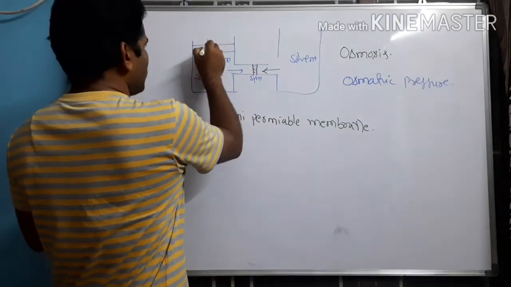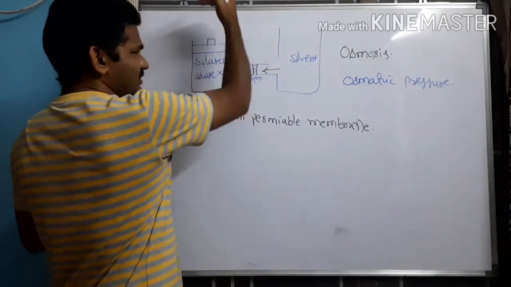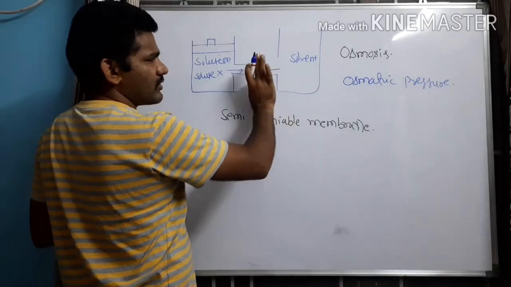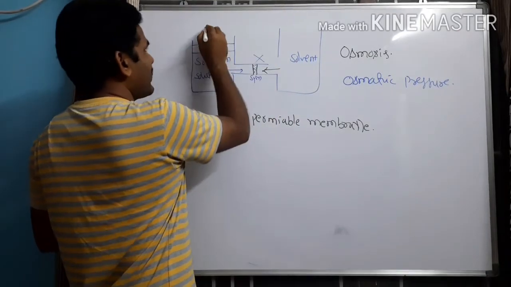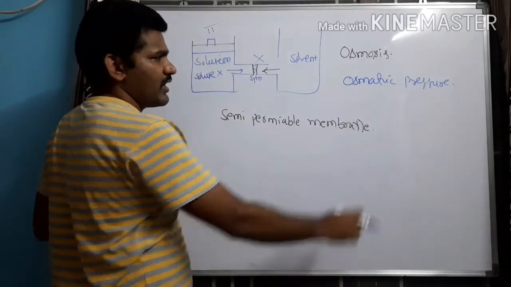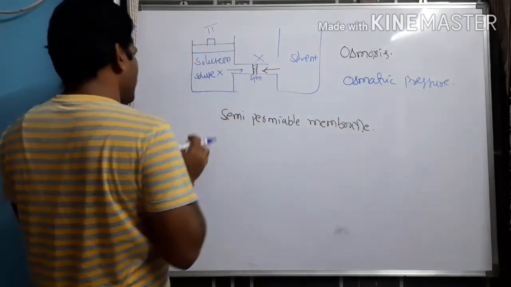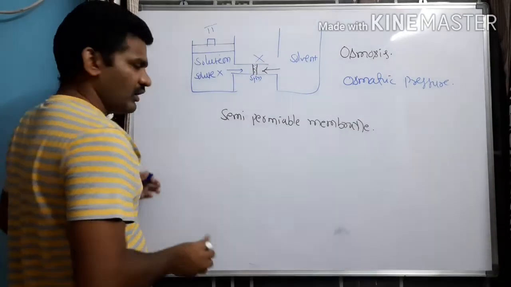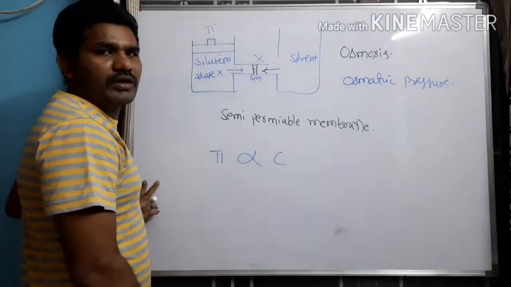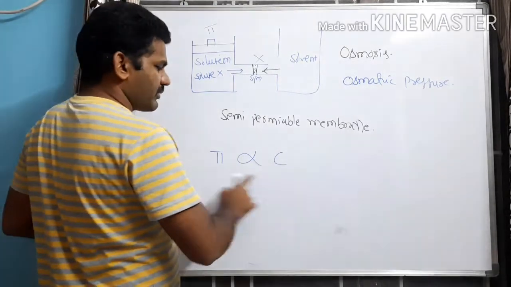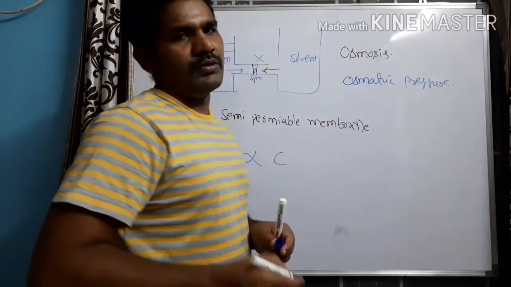See, here a piston is there. If I apply some external pressure, the solvent particles are not allowed through. That external pressure that has to be applied is called osmotic pressure, which is indicated by pi. Osmotic pressure is directly proportional to concentration.